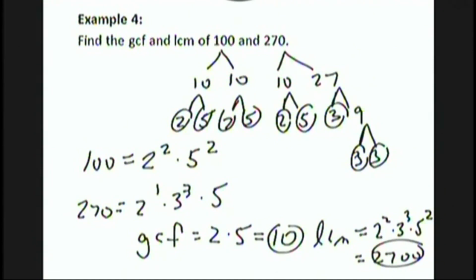Remember, if you're confused by the missing primes, you could always fill in the missing ones with a power of 0, and you could also throw in the power of 1 for the ones that only appear once.